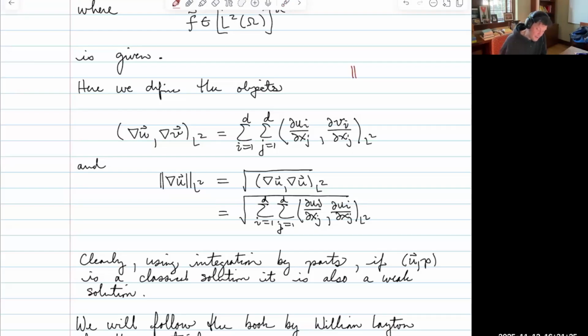I actually have it written down below. Right, so if I want the norm, I'm going to use the same function in both locations, and I'm going to take the square root. But now I've defined this object from here, and so that's the square root of the sum, i equals 1 to d. Now d is just going to be 2 or 3.